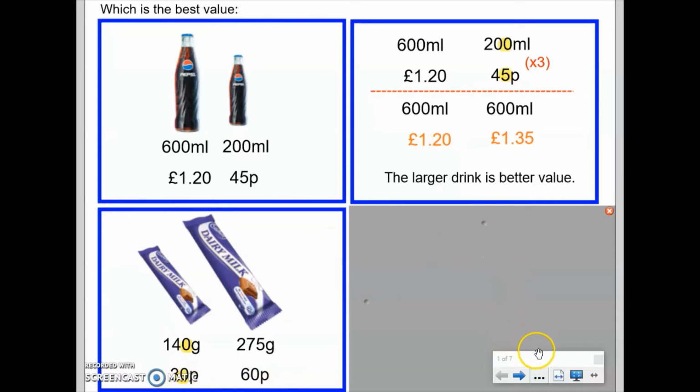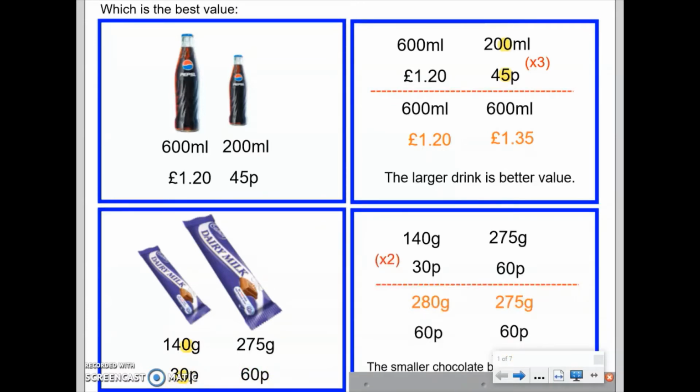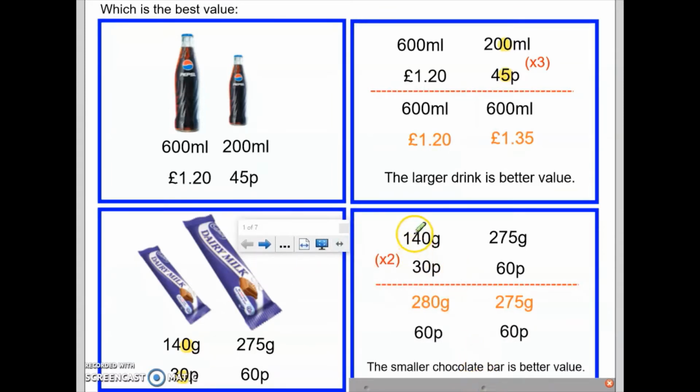So that's exactly how I've approached this question. You can see here that I took my information, 140 grams of chocolate cost me 30 pence. So I multiplied those values by 2. So now 280 grams cost me 60 pence.